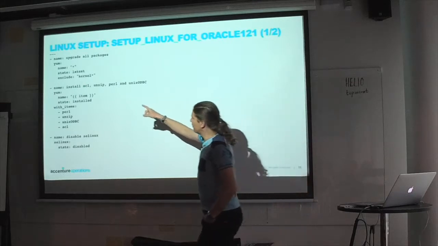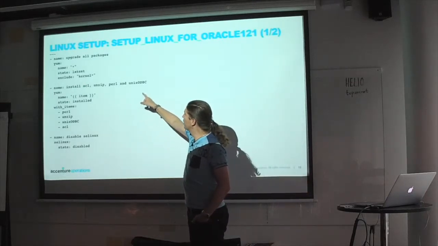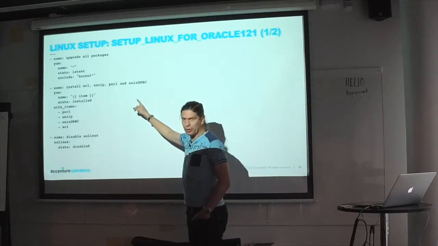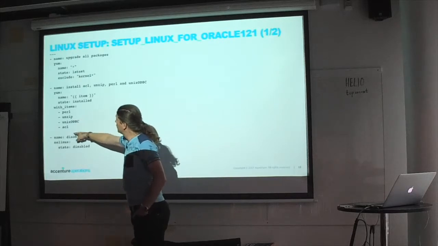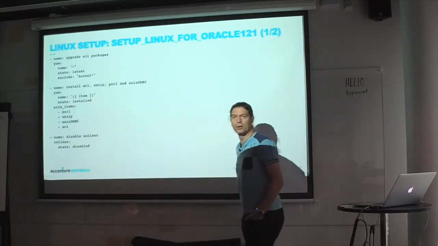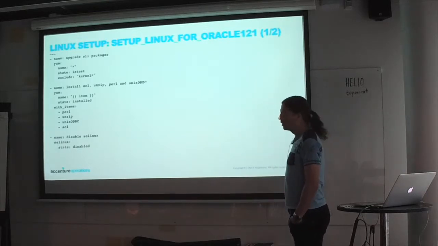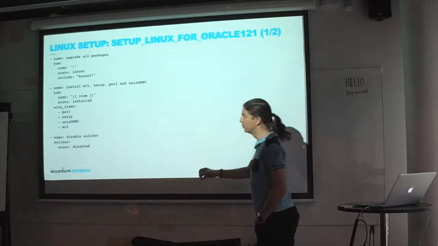So unzip, sometimes you need ACL, you need Perl, and in certain cases you need unixODBC as a package. This way you just say, I've got 4 items, yum, name, item, state installed. This is how you install it. Once again, it's clear what it does and it's so easy to do.